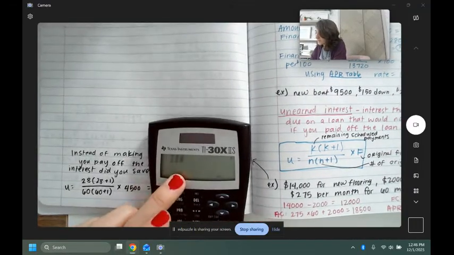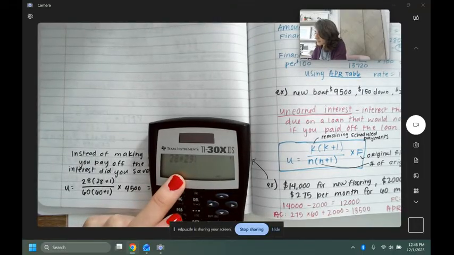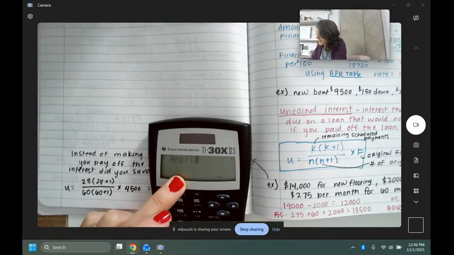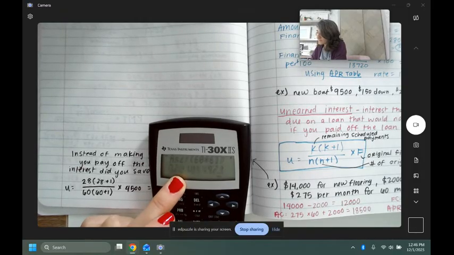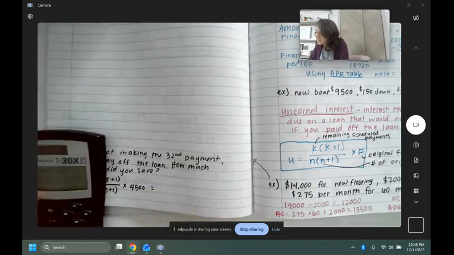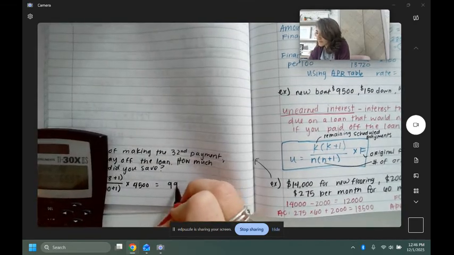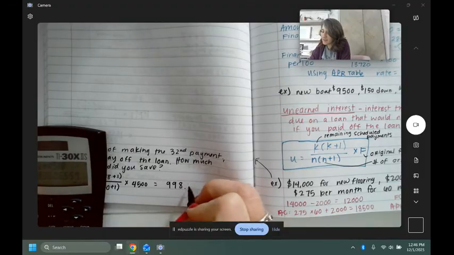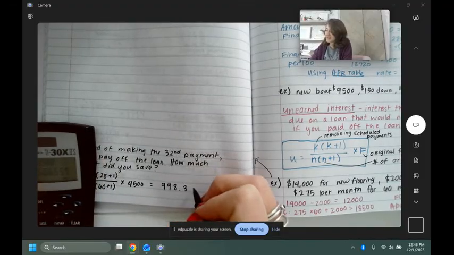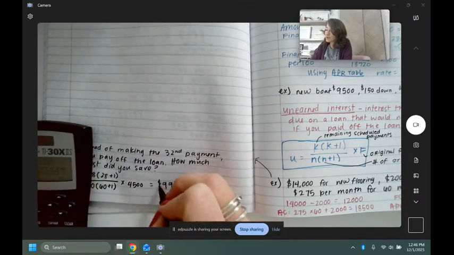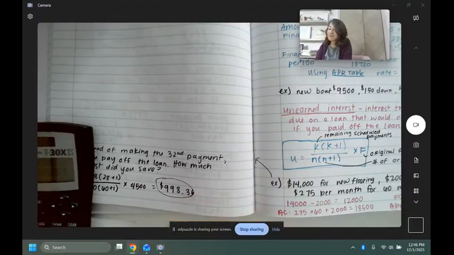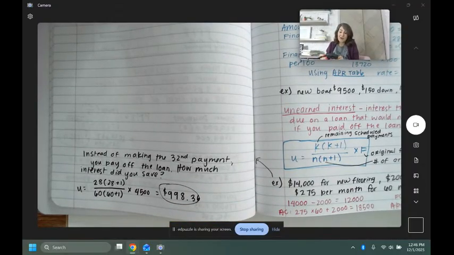So 28 times 29 on top, divided by 60 times 61, times 4,500, is $998.36. That is how much you will save by paying that loan off early.